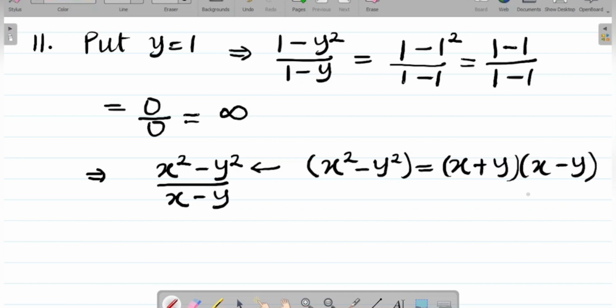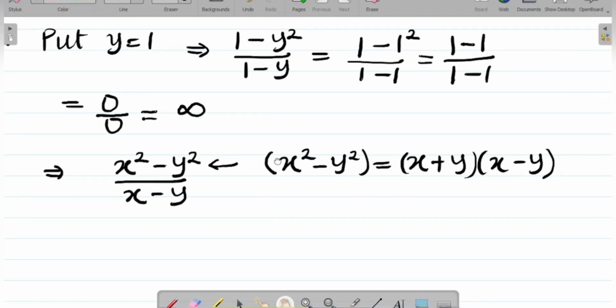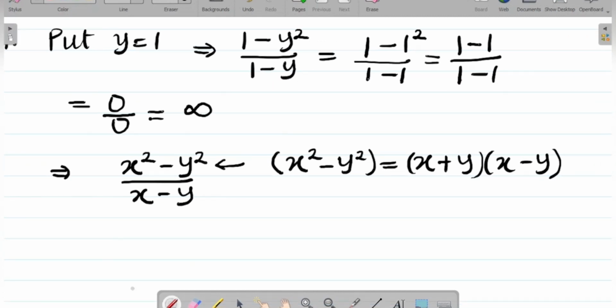So this is what you have for difference of two squares. So my answer becomes: the numerator is x plus y times x minus y, all over the denominator, x minus y.